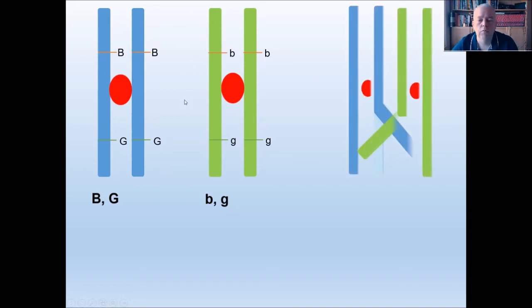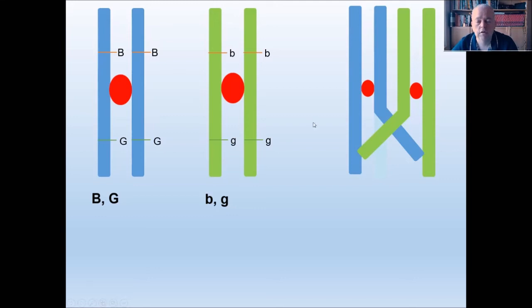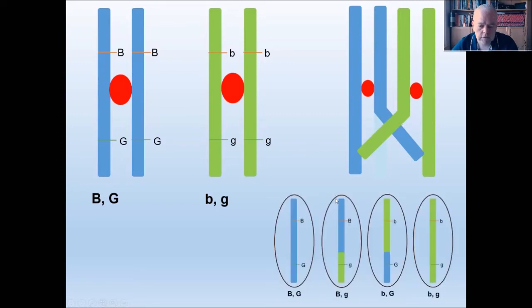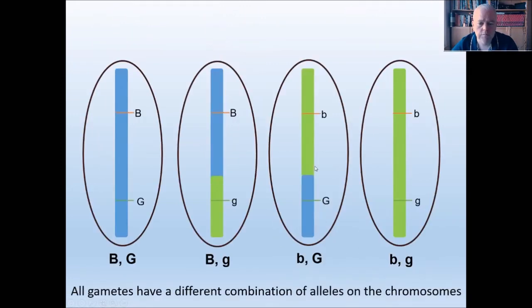But if I then go through a process where crossing over occurs, and you look down at the bottom where I've got the particular G gene and those particular alleles, you can see if I exchange particular components down here and swap some of that genetic material over, that's going to lead to this particular combination.